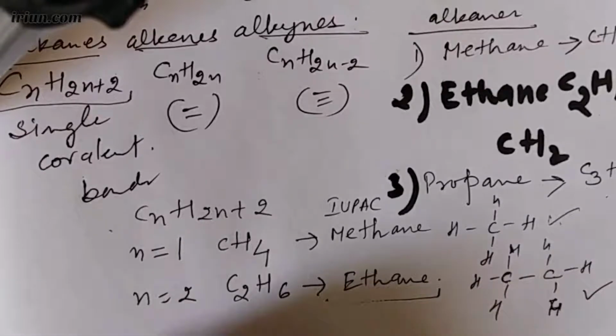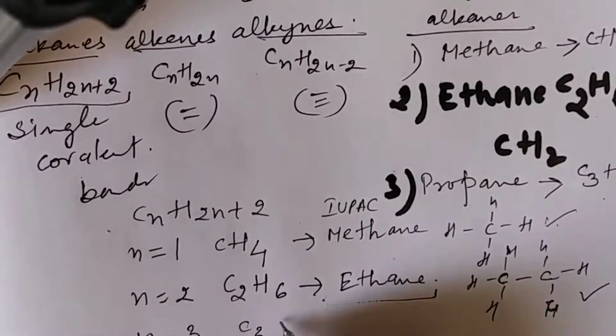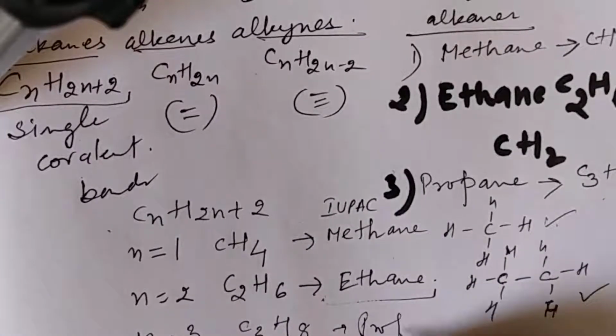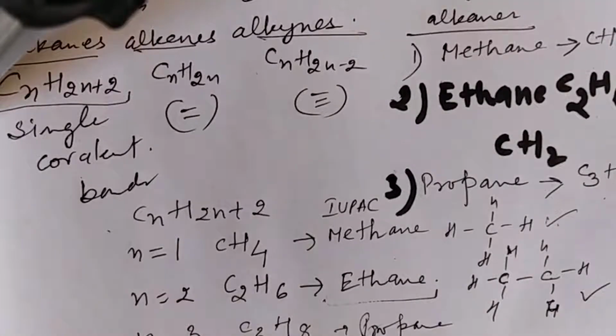Put the value n equal to 3, it will be C3H8, and the IUPAC name will be propane molecule. Propane molecule will carry the same structure as ethane molecule, but in propane you have to draw the 3 carbon atoms respectively.